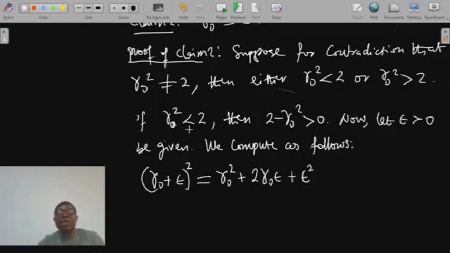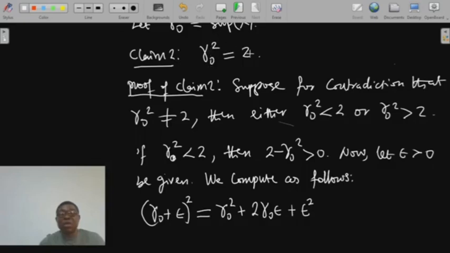So our assumption that gamma naught squared is less than 2, we expect this to lead us to a contradiction, meaning that this would fail. And next, we'll pick up on the other case and also show that it leads to a contradiction, meaning that this also fails. So if these two fail, it will mean therefore that this assumption is not true. And what would then be true is that gamma naught squared will be equal to 2. That's the idea of what we are doing.